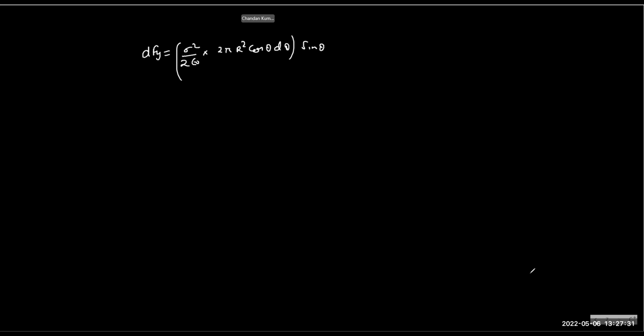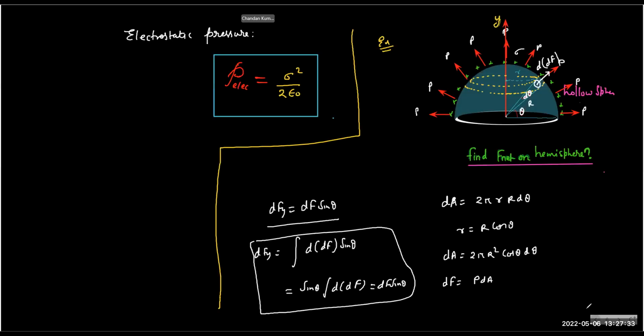Sir, the electrostatic pressure, does it apply even for an open surface? Think this way: the bottom is closed in a way. It does not apply for an open surface.